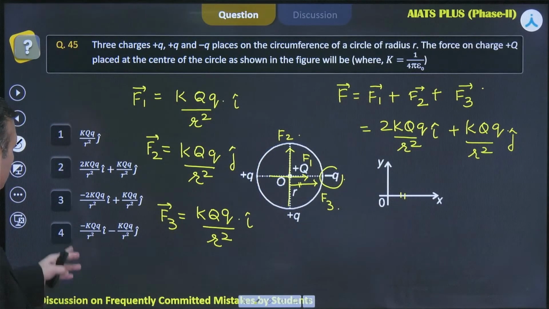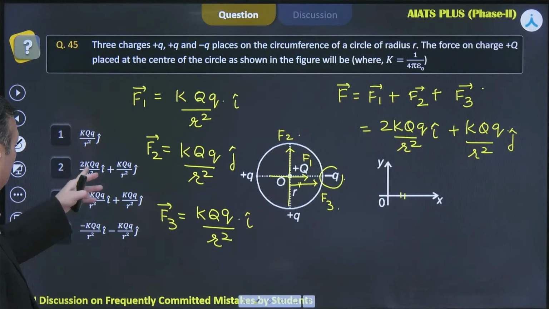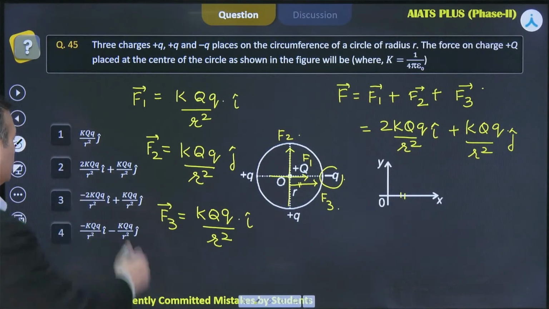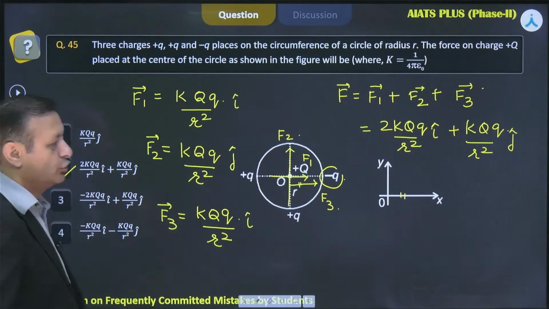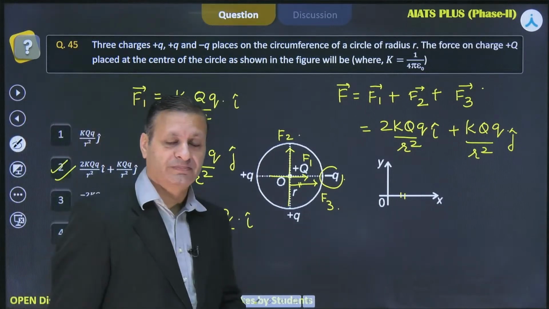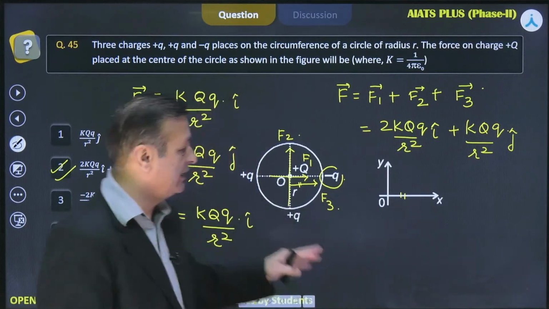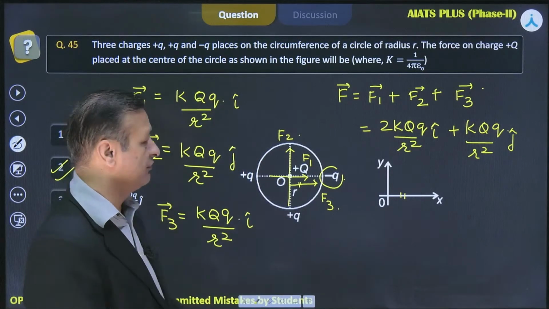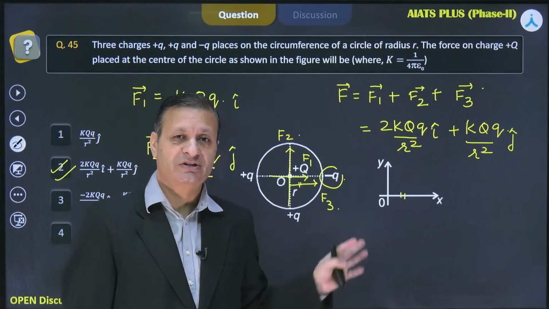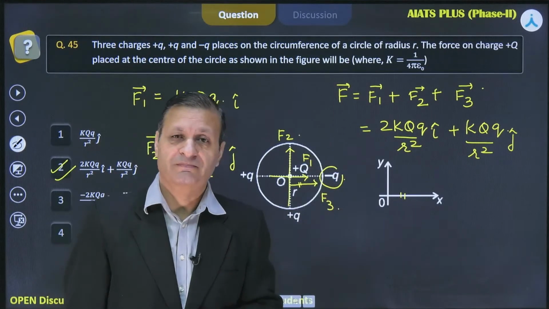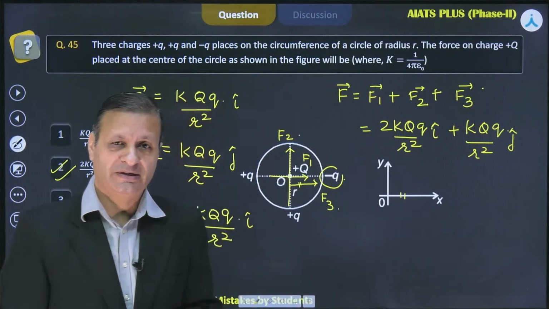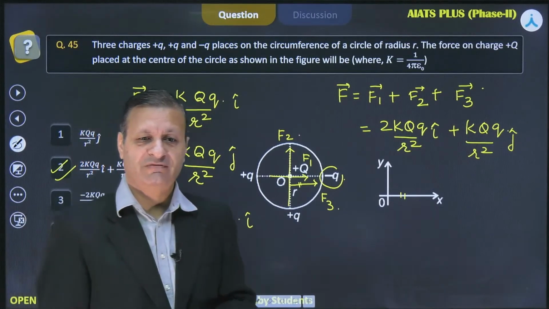So let's check the expression: 2kQq by r square this, and yes, option 2 is the correct option. So I hope I have made this clear to you in the simplest format, understanding the concept of the superposition principle. Any doubt from this part, or shall we move on?